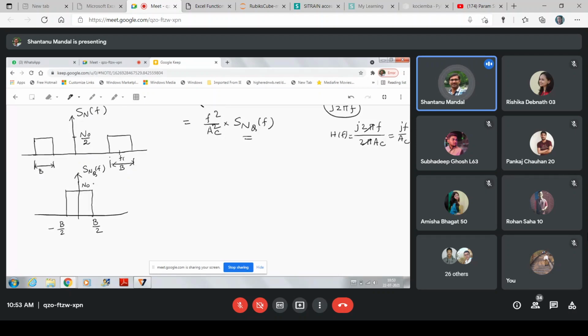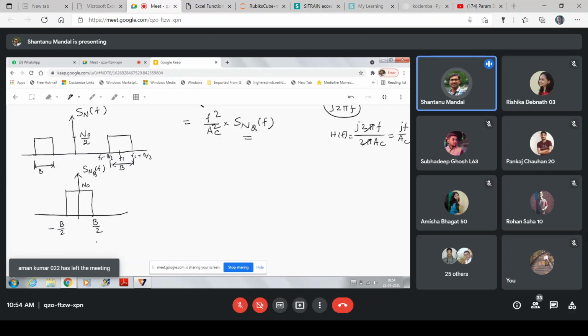When we transform from band pass to low pass signal, we obtain B by 2, and here FC plus B by 2, and here FC minus B by 2.